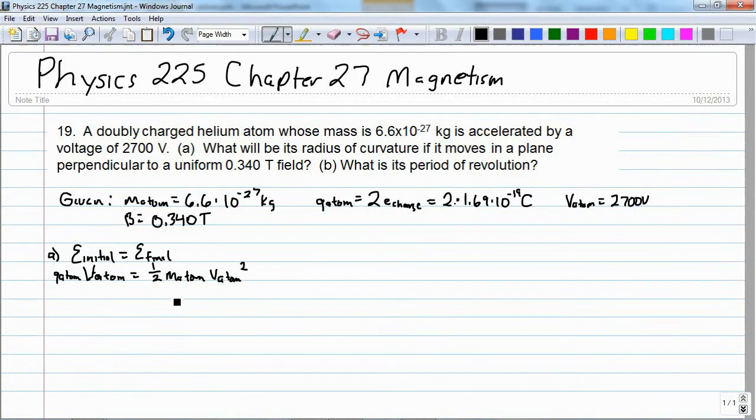Now I can solve for the velocity of the atom, which is equal to the square root of 2 Q atom times the potential over the mass.